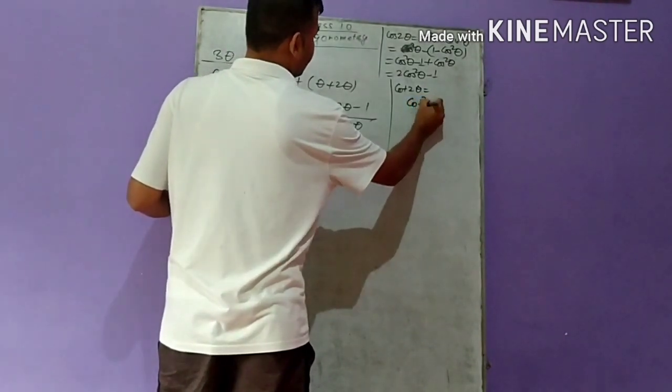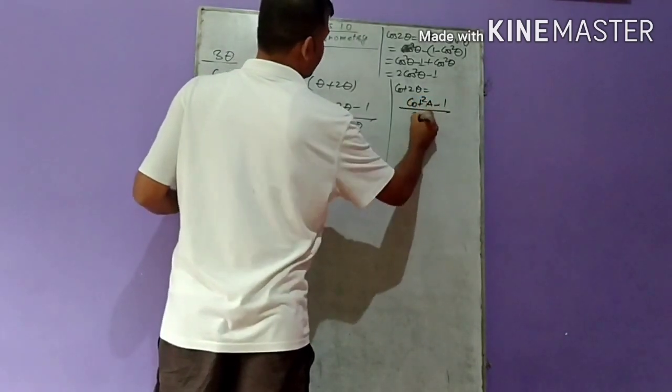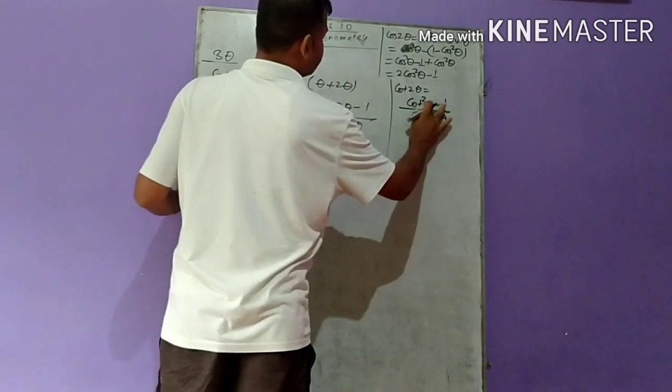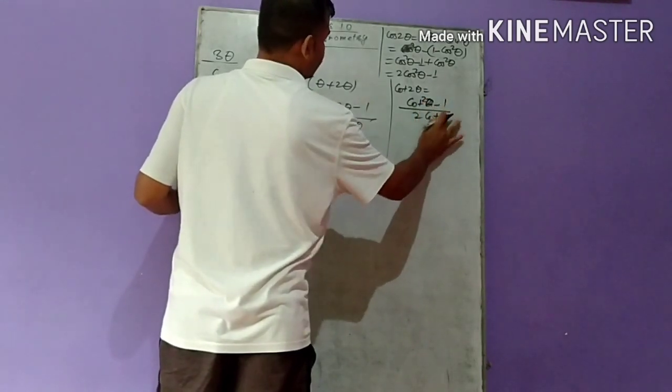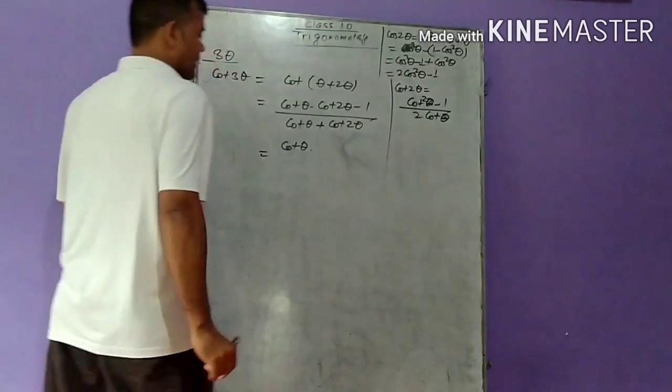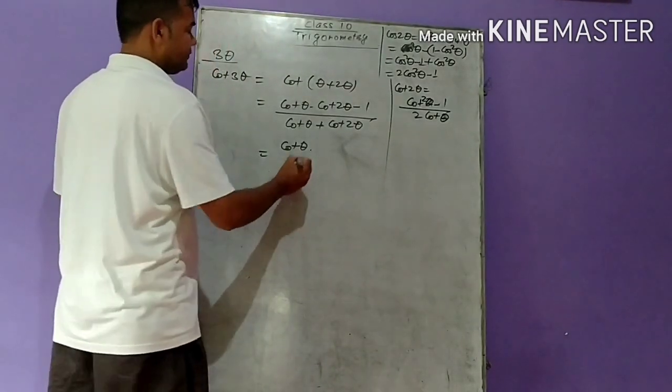Cot square A minus 1 upon 2 cot A. That means A means theta here. We have got this relation before. So we can place this value here.